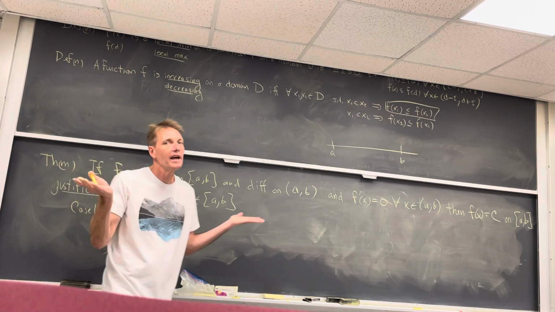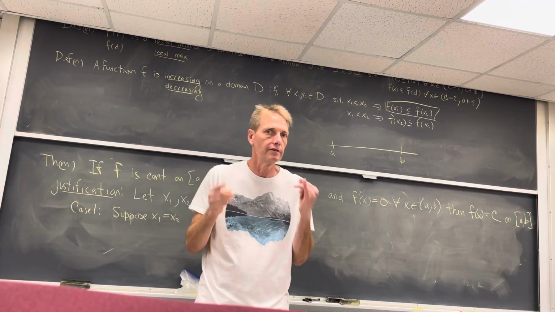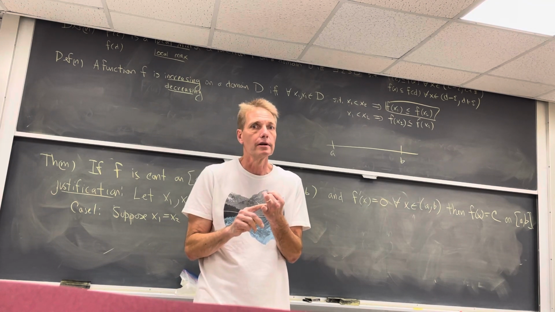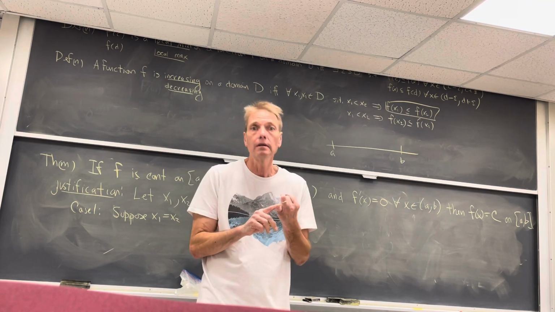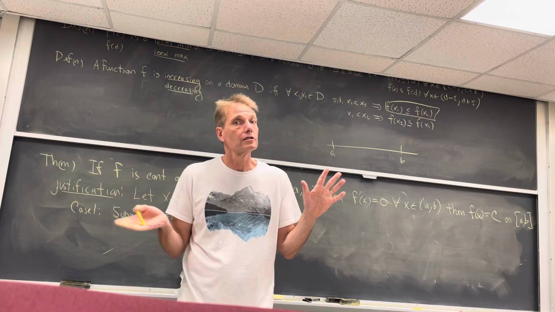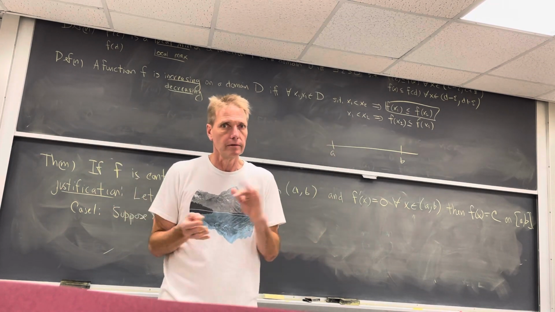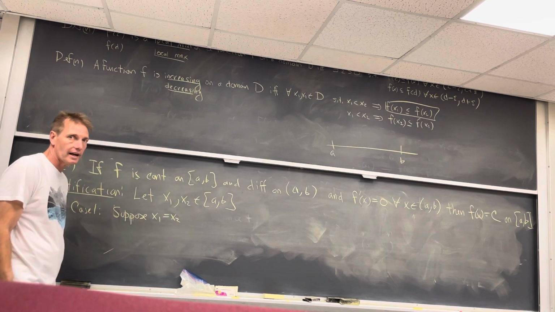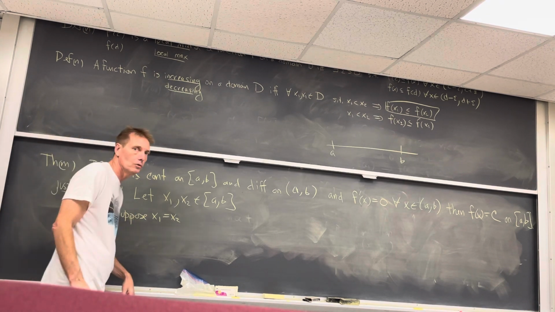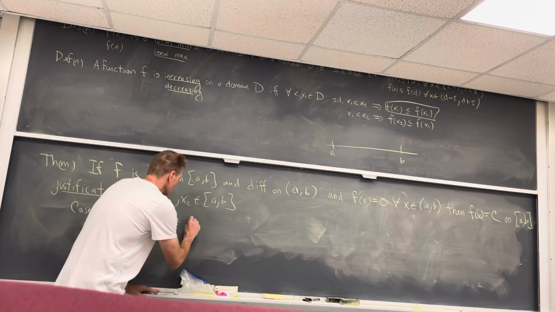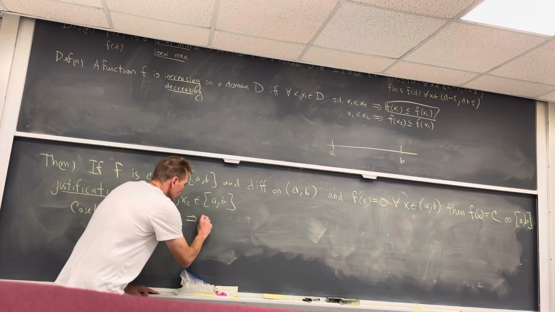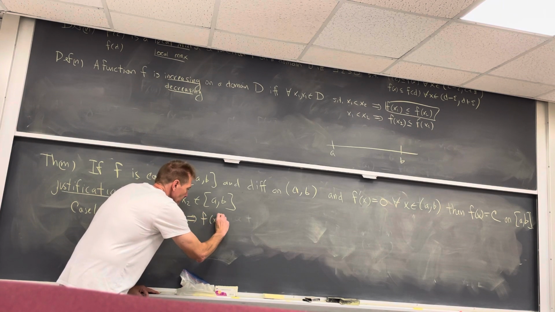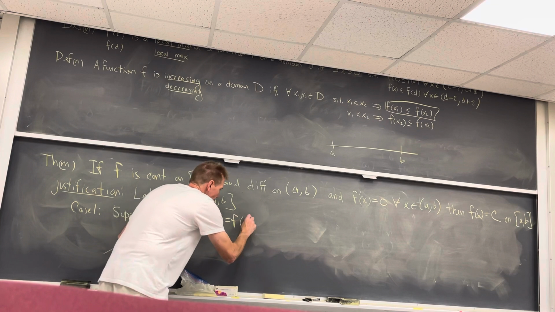Remember guys, we had trichotomy. Trichotomy says that if you have two real numbers, either A is less than B, A is greater than B, or A is equal to B. Suppose x1 is equal to x2. Well, this implies then f of x1 is equal to f of x2.